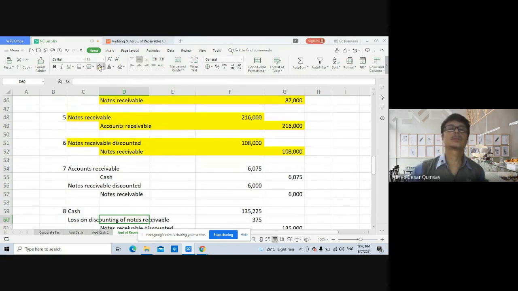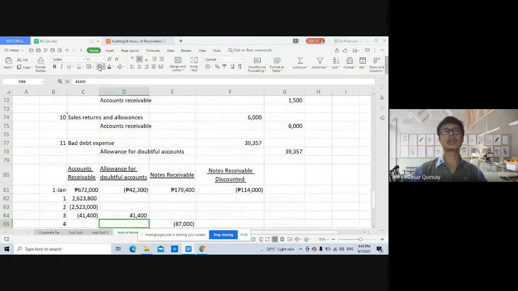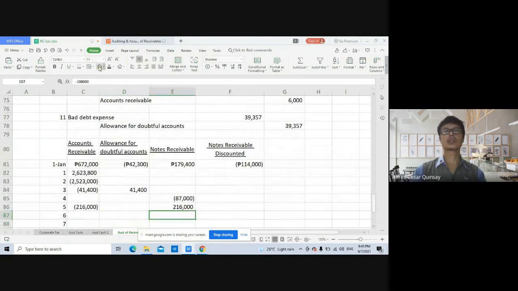Okay, so nilagay natin doon sa notes receivable discounted, so may addition, tapos binawas natin yung 108 doon sa notes receivable.